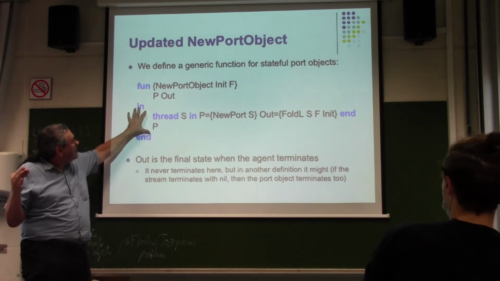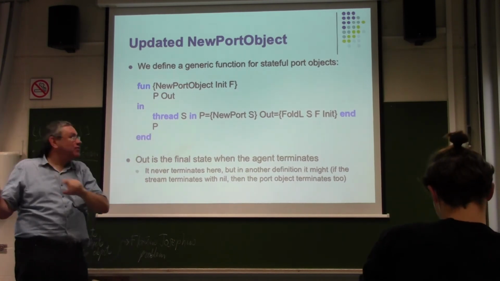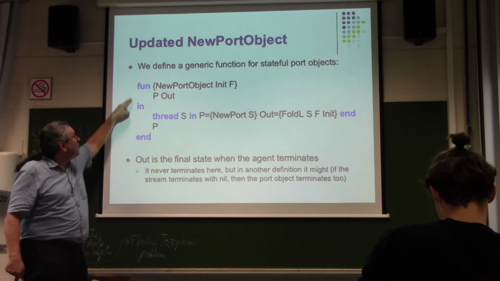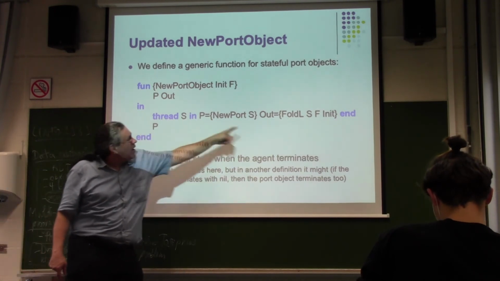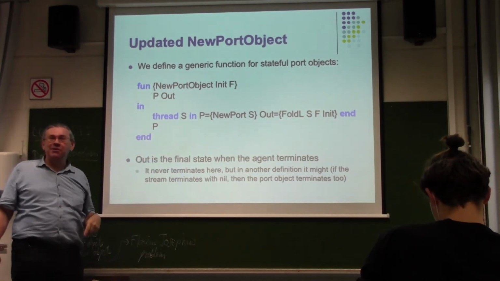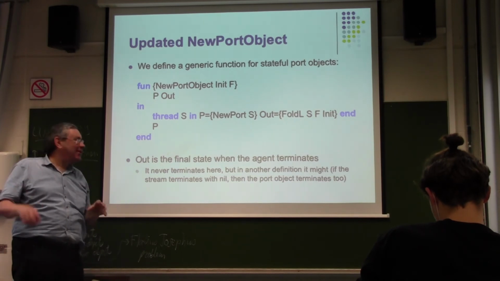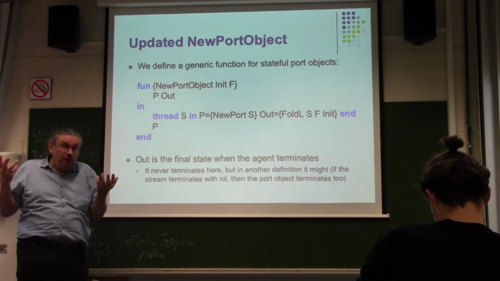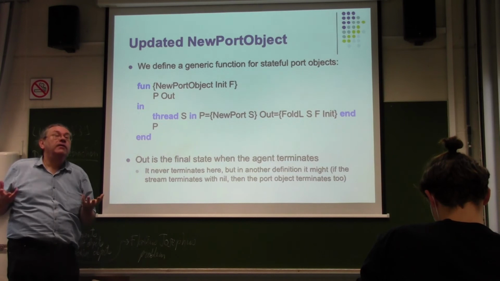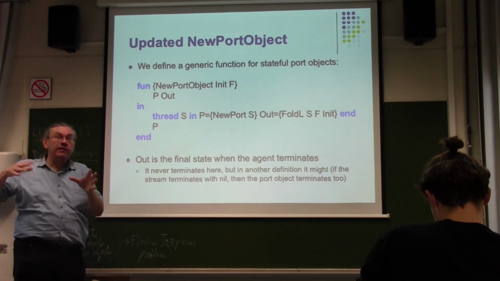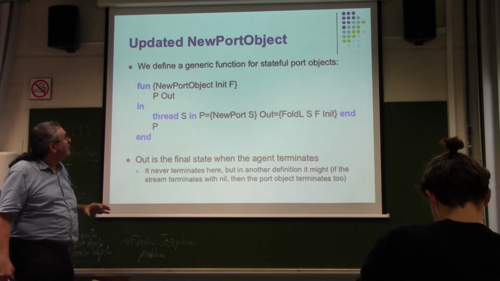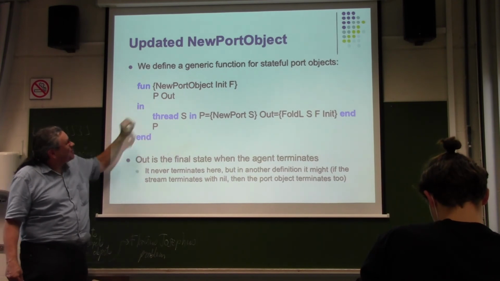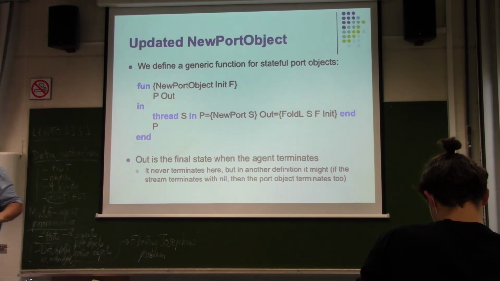So it's very interesting then to compare the Erlang agents with these ones. These are very simple, and you can define it in one line. The Erlang you cannot define in one line, it's more complicated. But for programming, it's very nice, the Erlang agent. And we'll see it later in the course.